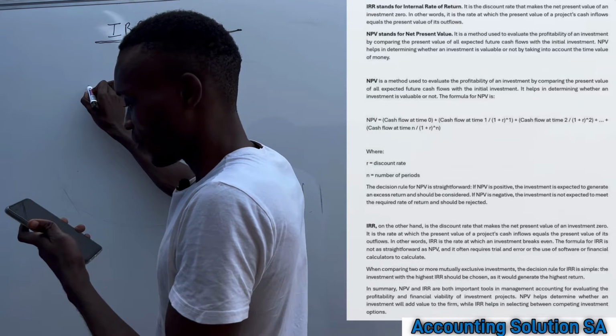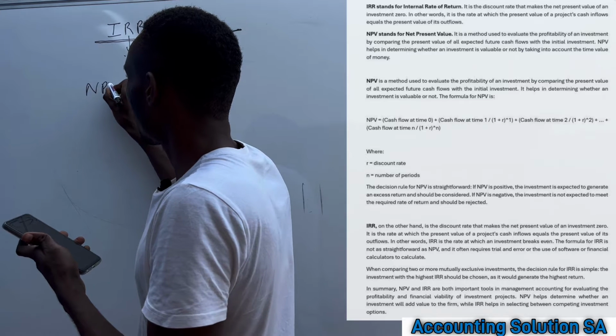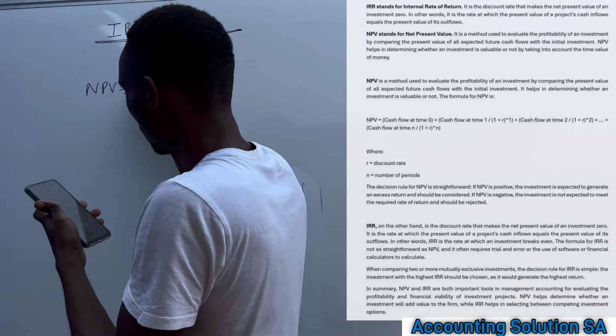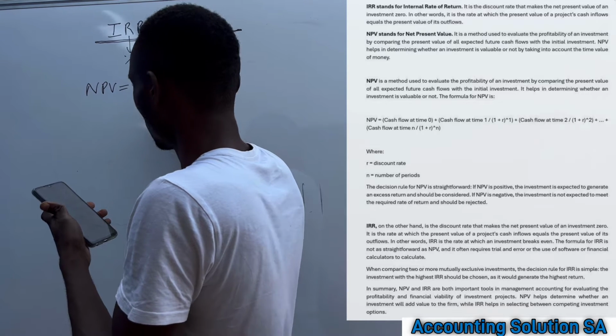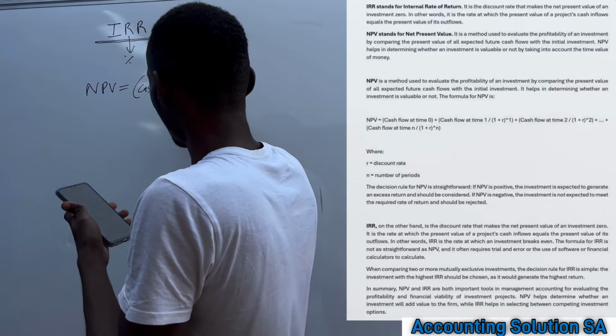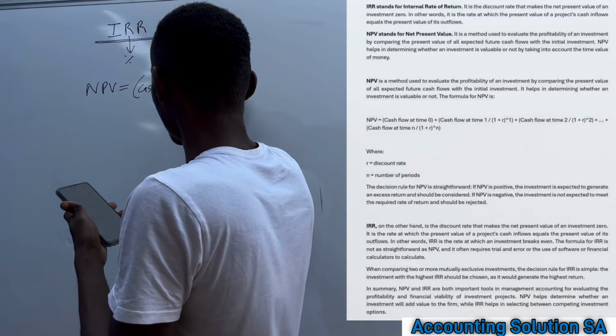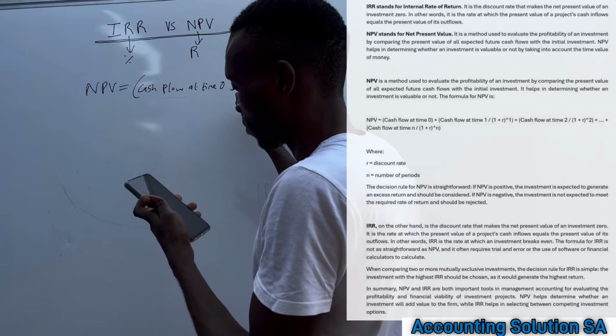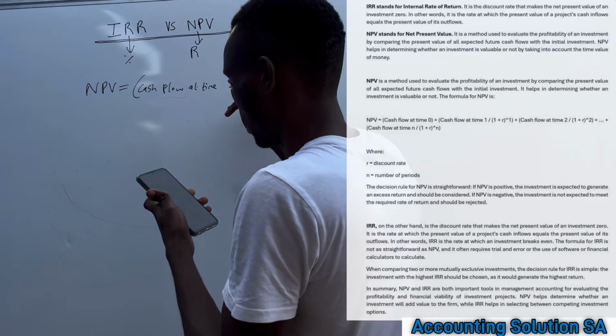So you can say net present value is equal to, number one, the cash flow at time 0. Okay, let's start here.